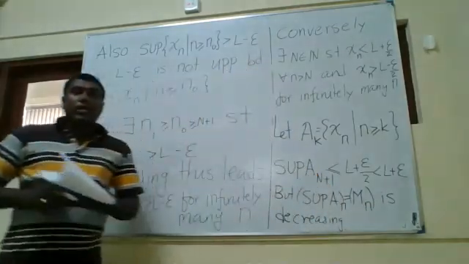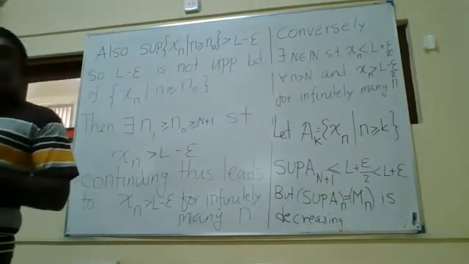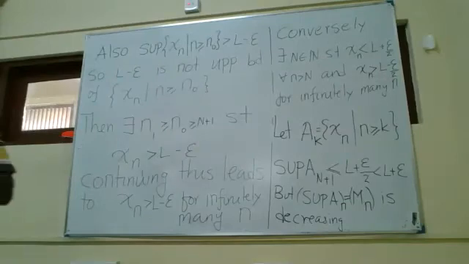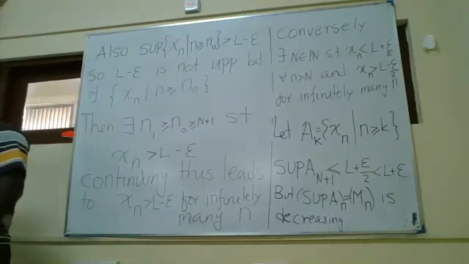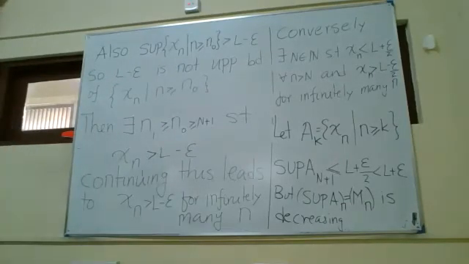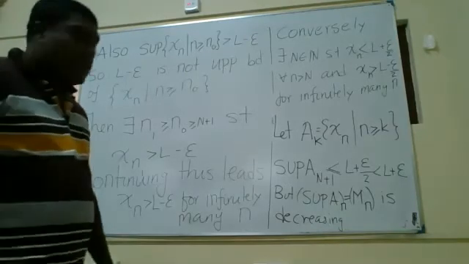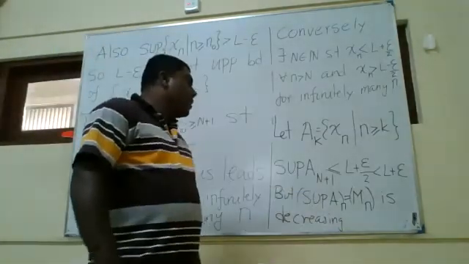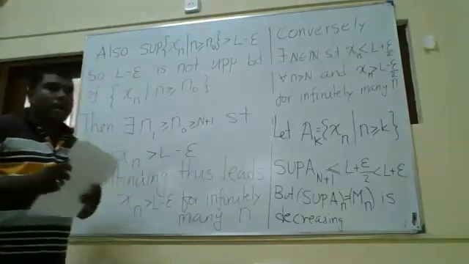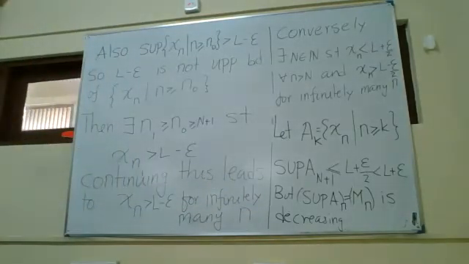The sequence of supremums is a decreasing sequence, as we saw last class too. Because you are reducing the size of the set, the supremum is reducing.